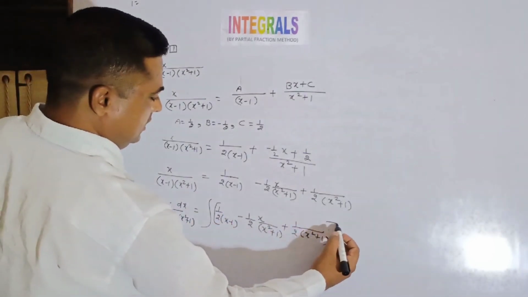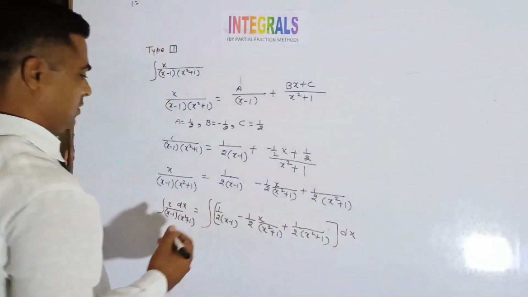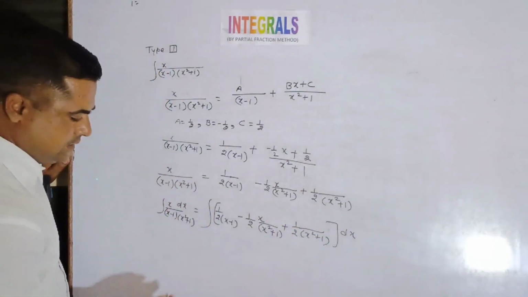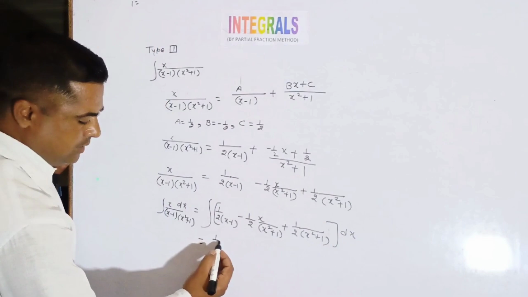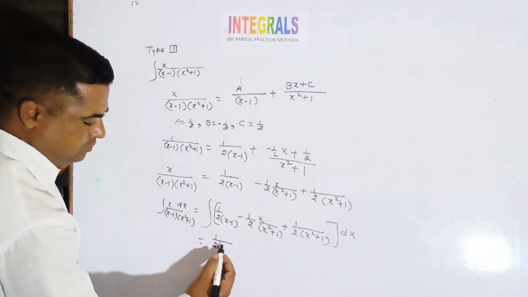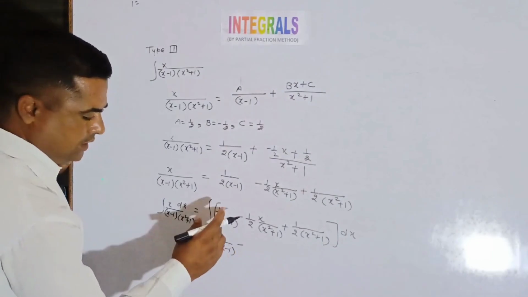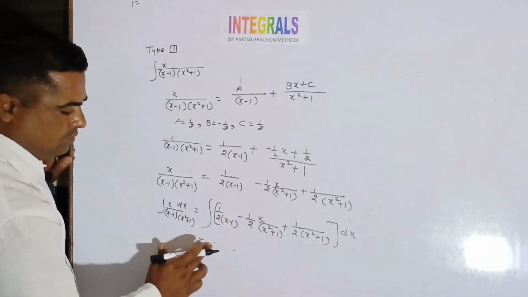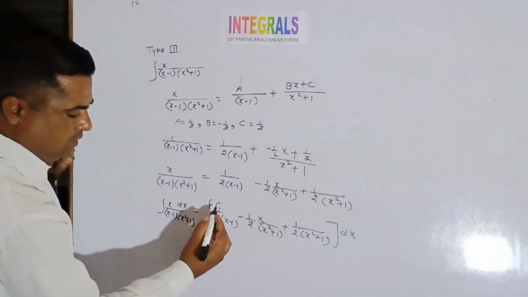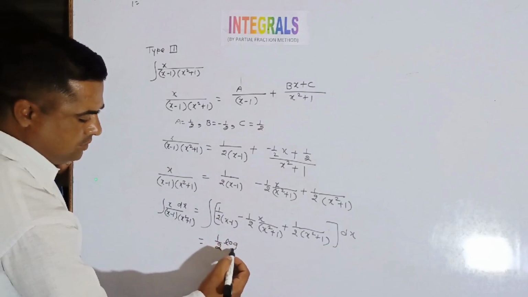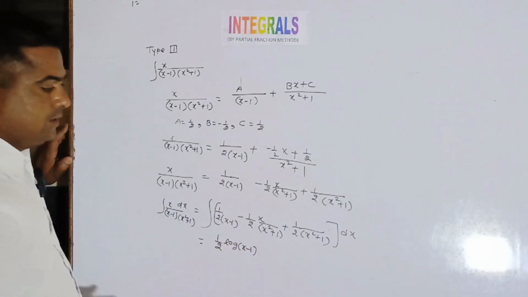Students, now integrating this function with respect to x, the integral of 1 by 2 times 1 upon x minus 1 is log of x minus 1, correct.